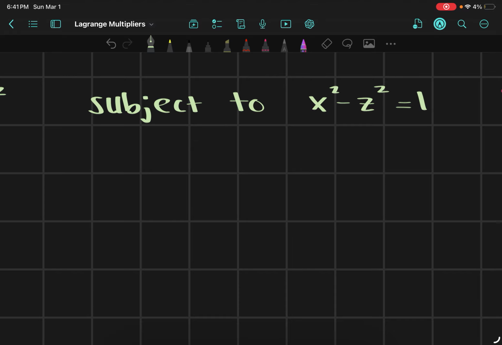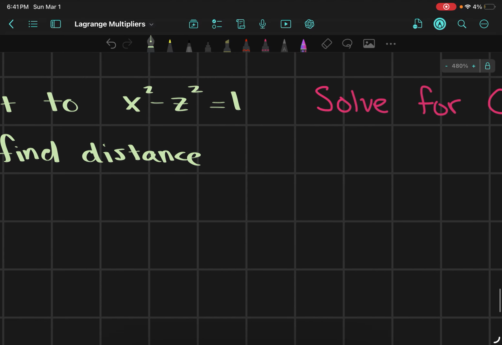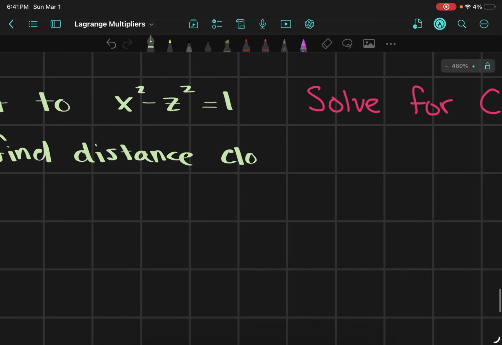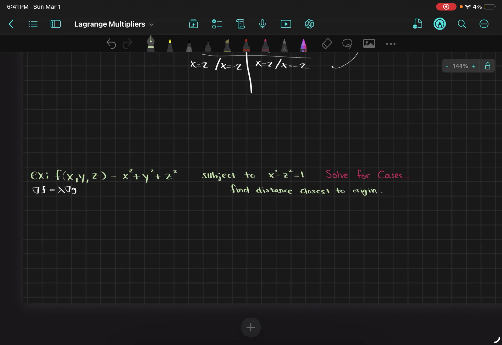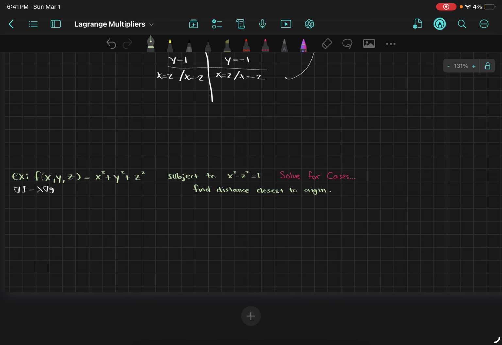We're going to find the distance closest to the origin. Okay, now we're ready to get going here. Well, what's our distance equation?